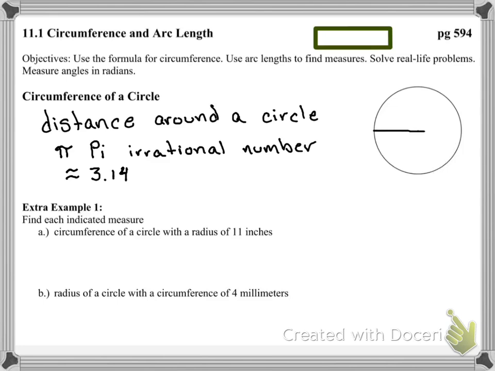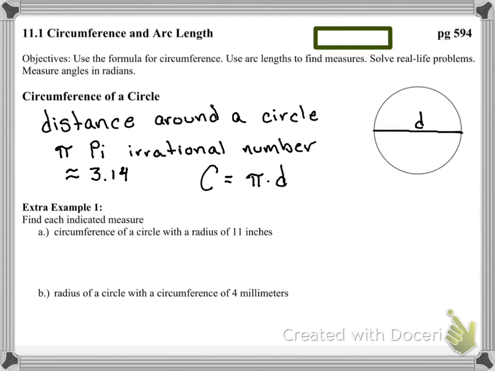And remember, diameter is all the way across. So there's our diameter, d. The circumference, we use an uppercase C for that, is equal to pi times the diameter. So whatever the diameter of this circle is, I multiply that by the number pi. Again, pi is just a number here, approximately 3.14.